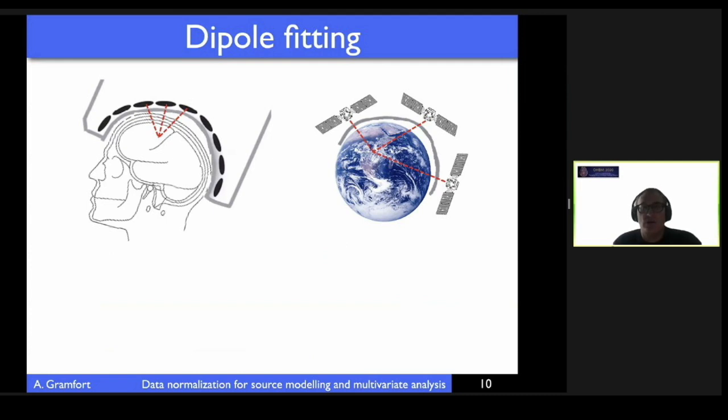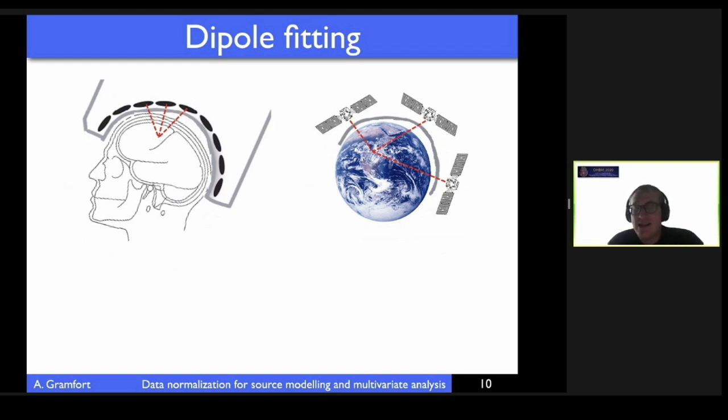So now comes the question of source imaging and dipole fitting. Imagine you have your multiple MEG or EEG sensors, you have your multivariate data, and what you see here on the right is just a cartoon picture using the Earth and various satellites.